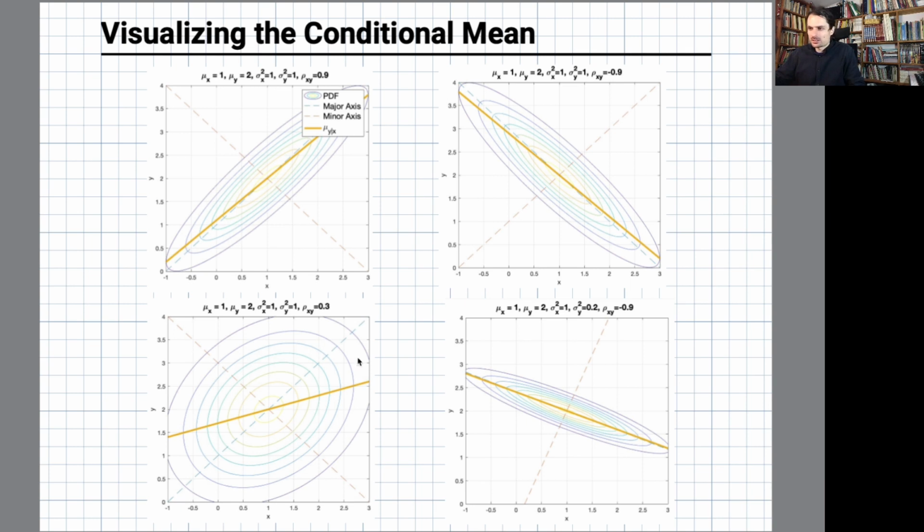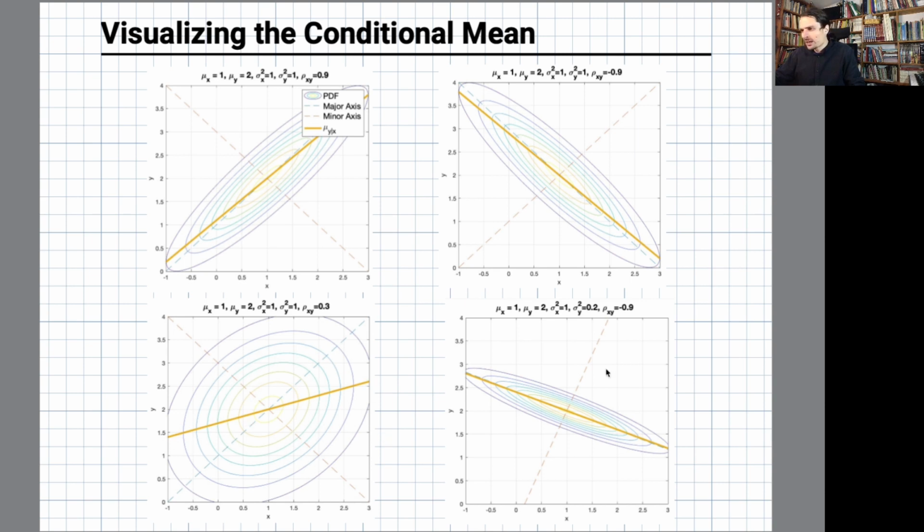It means that the ellipses look more like circles, right? So in those cases, there's not a clear winner, right? So both axes may be similarly important, right? And in that case, the posterior mean will lay somewhere in between both axes.